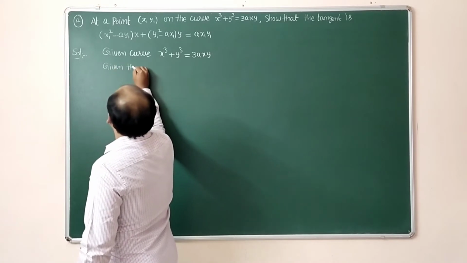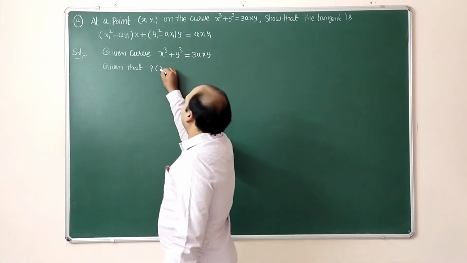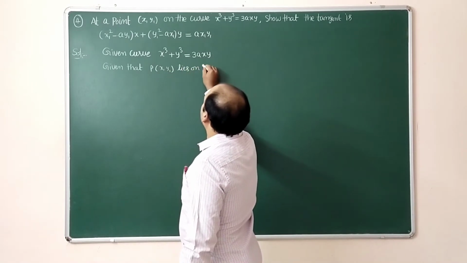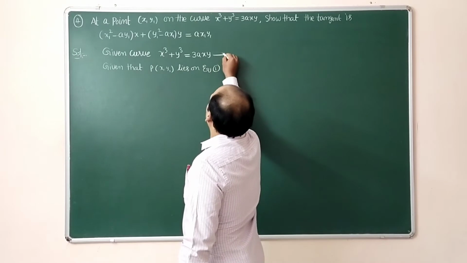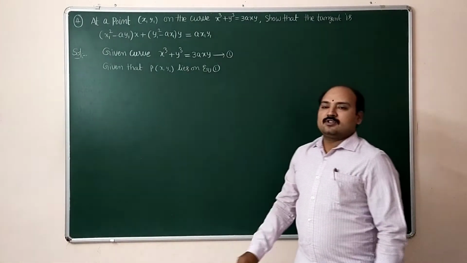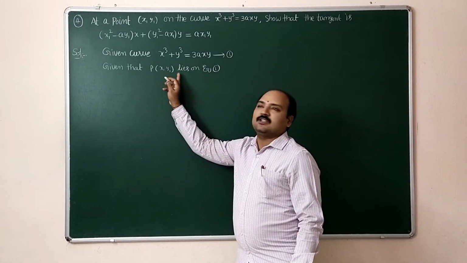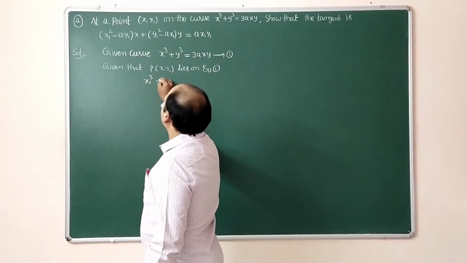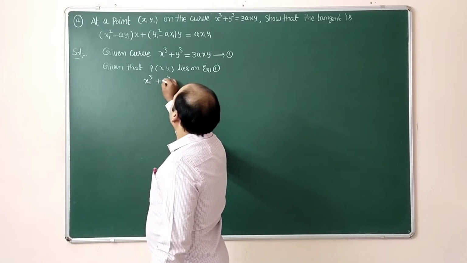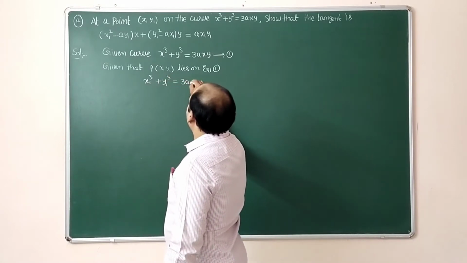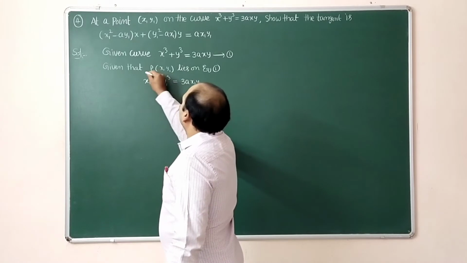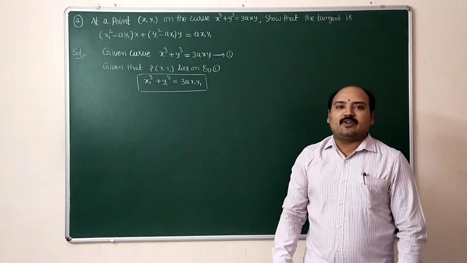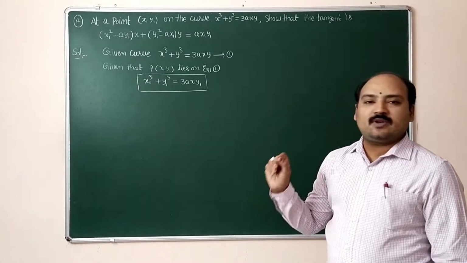P of (x1, y1) lies on equation 1. Wherever x and y is there, replace with x1 and y1. So it becomes x1 cube plus y1 cube is equal to 3ax1y1. Put this result in a box.